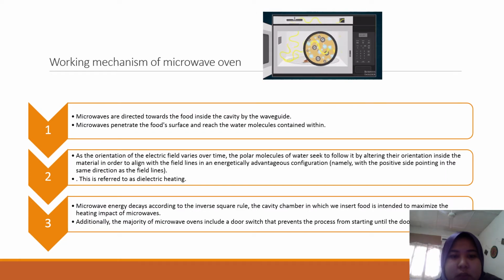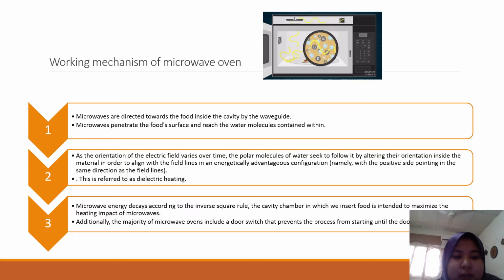Next, for the working mechanism of microwave oven, firstly, microwaves are directed towards the food inside the cavity by the waveguide. Microwaves penetrate the food surface and reach the water molecules contained within. Second, as the electric field varies over time, the polar molecules of water seek to follow it by altering their orientation inside the material in order to align with the field lines in an energetically advantageous configuration, namely with the positive side pointing in the same direction as the field lines.